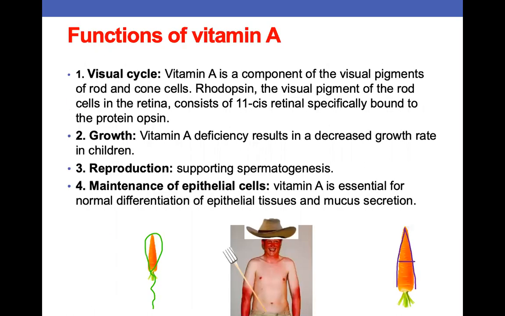Okay, so like I said, I have a little bit of a fun mnemonic. I told you how I remember the first point in the functions of vitamin A, right? The way that I remember this is vitamin A, I make it sound like vitamin I in my head. And because of that, I'm going to remember that vitamin A is necessary for the visual cycle. Pretty much what that means is that if I don't have vitamin A, I can't make the necessary pigment to see properly.